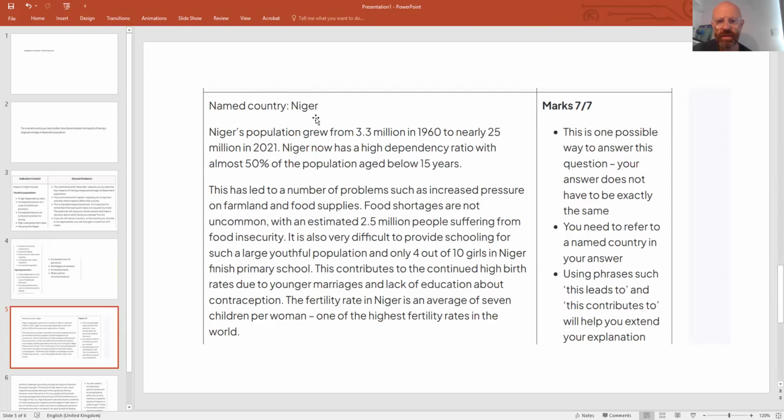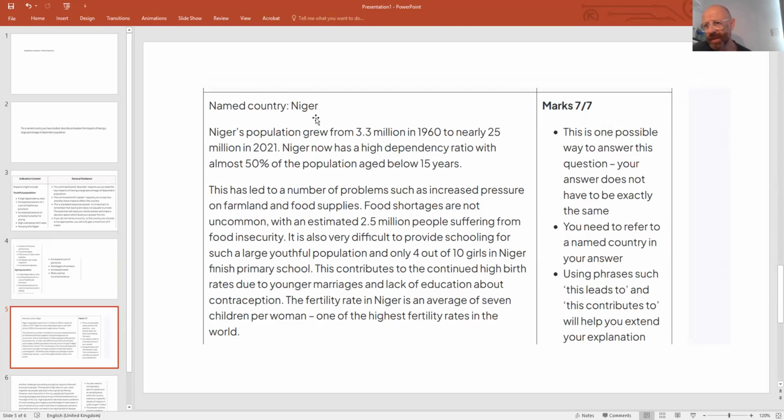It is also very difficult to provide schooling for such a large youthful population. 4 out of 10 girls in Nigeria finish primary school. It's a very small amount. But again, if you've got 22 million people over 40 years, if you've got to build schools and infrastructure, that costs money and planning, and these places just don't have this, okay? This contributes to continued high birth rate because you've got all these young girls not going to school, not being educated, and what do they do in life?